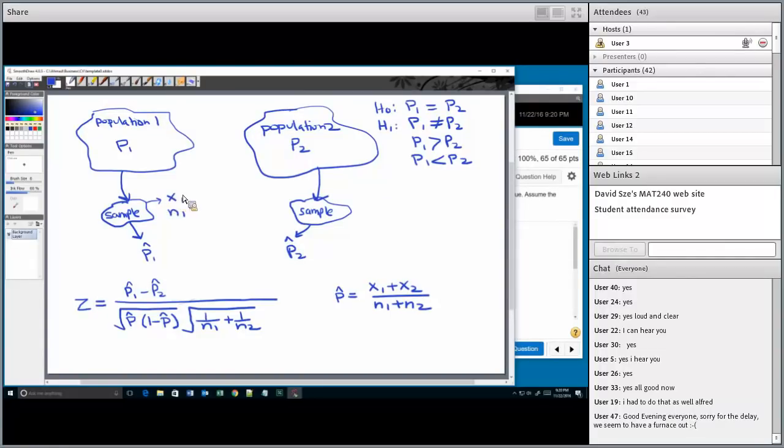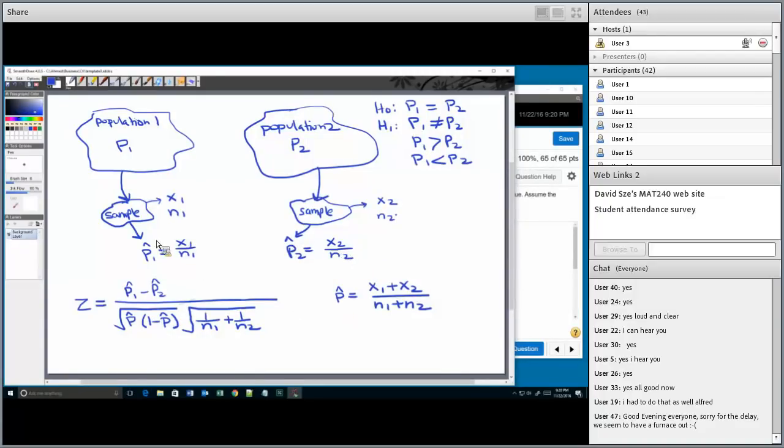X1 is how many individuals in the sample have the characteristic you're interested in. And remember that P1 hat is simply X1 divided by N1, right? And then here you have X2 and N2, and P2 hat is simply X2 divided by N2, okay?